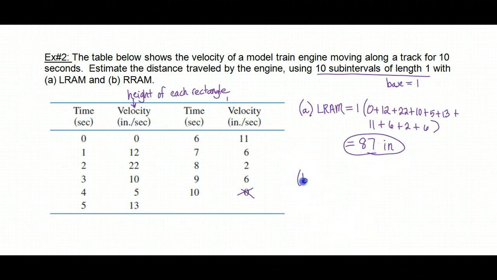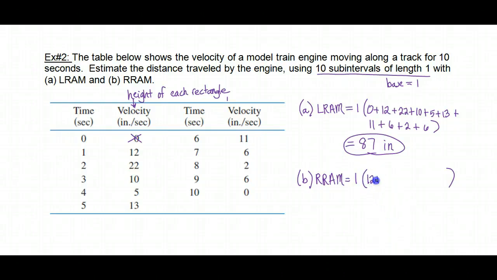Now, I know we're running out of time here, but for RRAM, I think some of you realize it's going to be exactly the same thing, because with right-hand endpoints we ignore that first number and use the rest of them. It just so happens that they're both 0. It's not always the case.